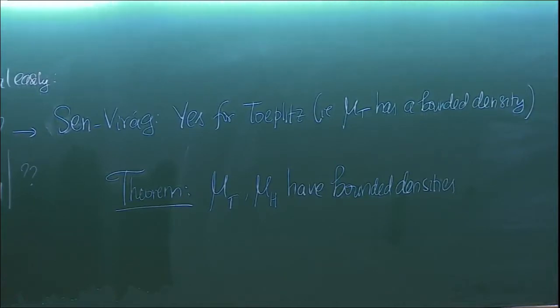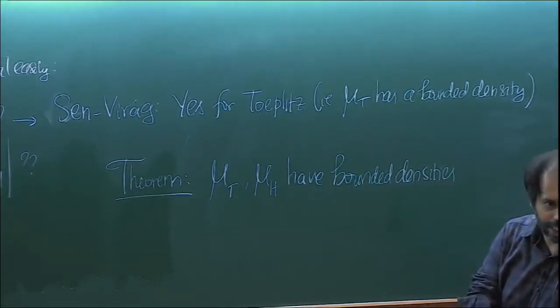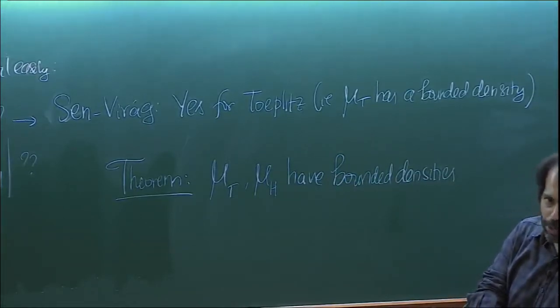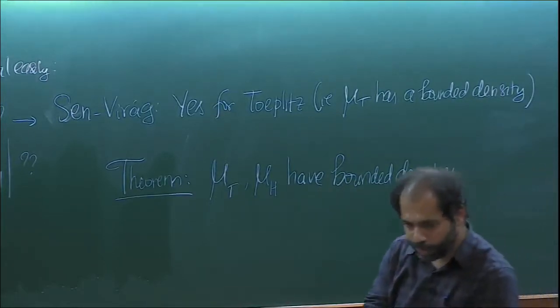You may have seen some things in analysis. There is a famous theorem of F. and M. Riesz, but maybe more basic: if you take the Fourier transform of a probability measure, its characteristic function, and it is absolutely integrable, then by the Fourier inversion formula there is a density, and the density is bounded by the L1 norm of the Fourier transform. So that is one example.